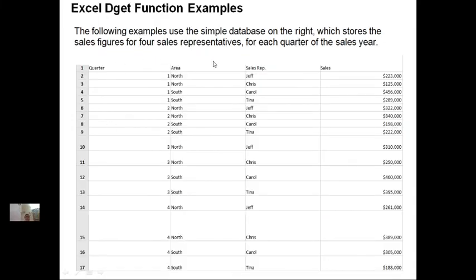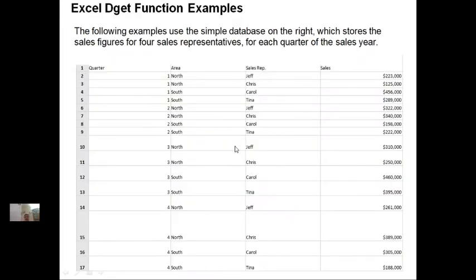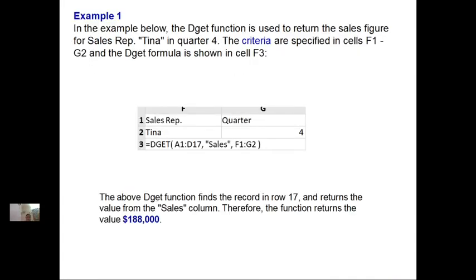He is selecting all the cells, data in all the cells. That is one, and the field he is taking is sales. The field is sales and then criteria. Criteria here is F1 to G2, sales rep Tina and quarter 4.